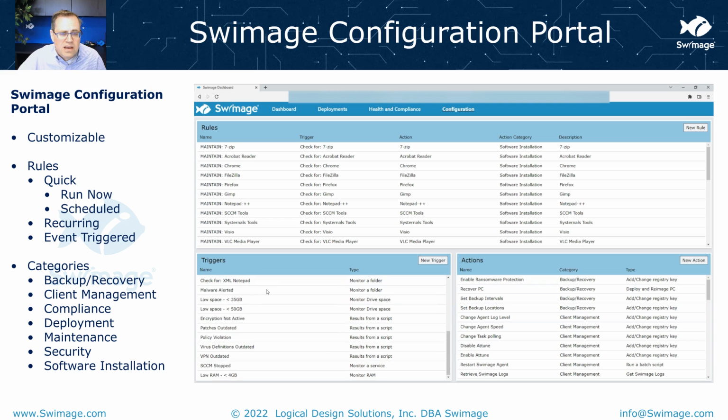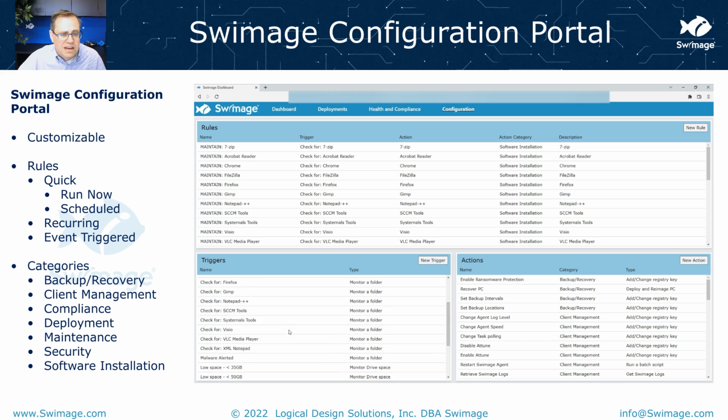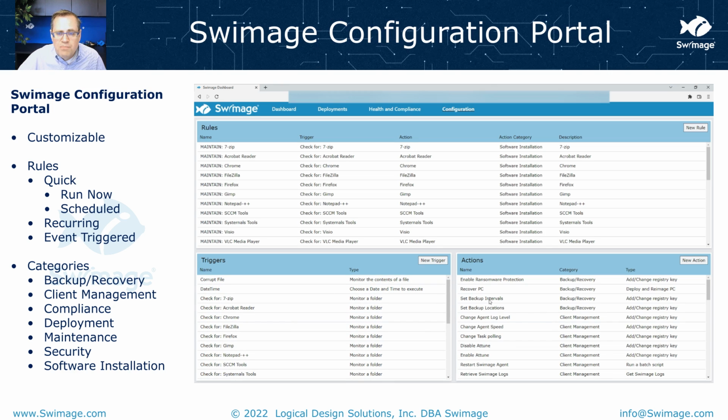So you're going to monitor an application, or you can check for drive space, you can check for encryption, and you can monitor based on a script, a type of folder. Swimage has a lot of built-in activities as well to monitor. And then based on what it finds, you can take action on those. And the actions include alerting, taking action, running scripts, recovering the system, deploying the system, locking it out, whatever you want to do as far as actions go.